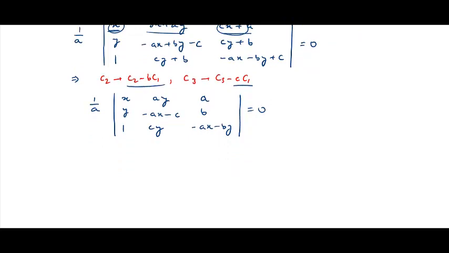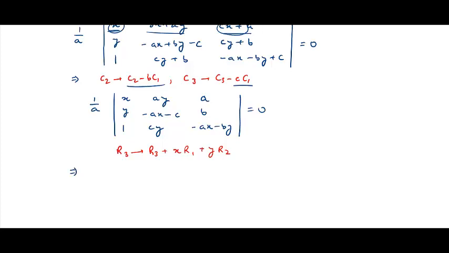and this transformation is now from in the third row I add x times first row and plus y times second row. In the third row we are adding x times first row, y times second row.